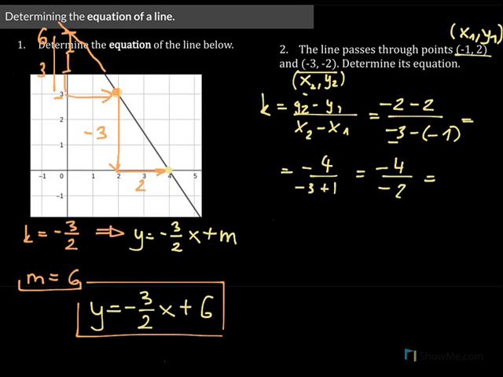So I divide a negative by a negative, so it will become positive, +2.